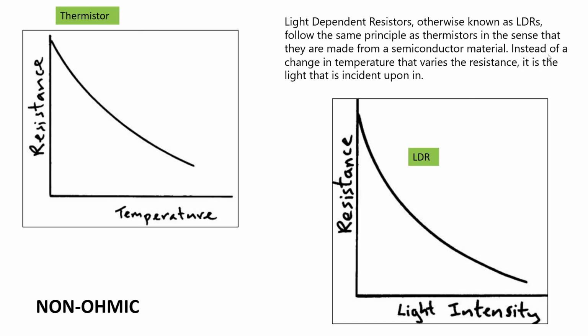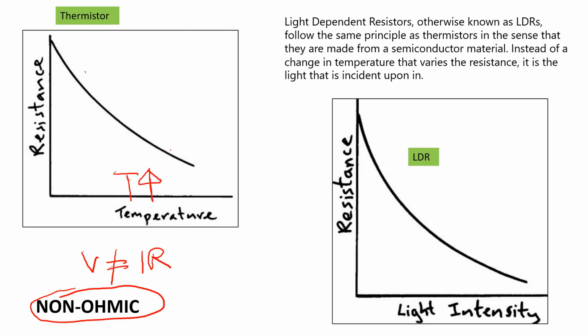So if we look at these two non-ohmic devices, where they do not obey Ohm's law, so where V is not equal to IR, as temperature goes up, the resistance goes down.